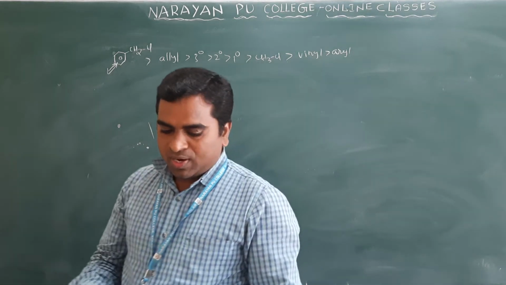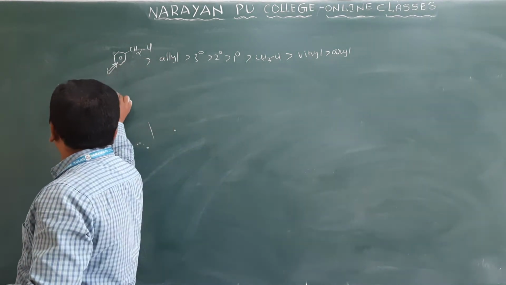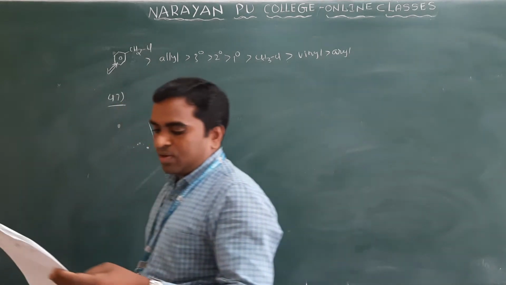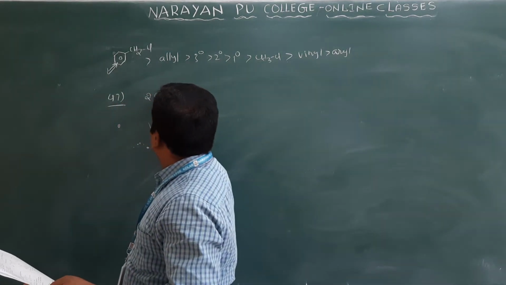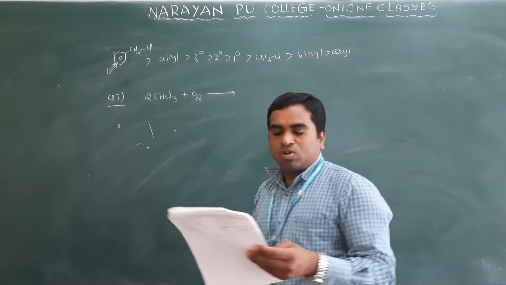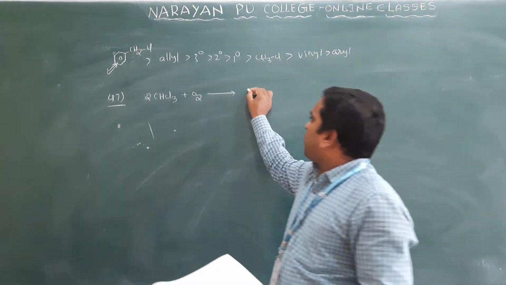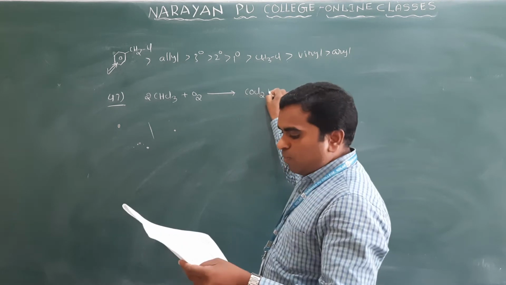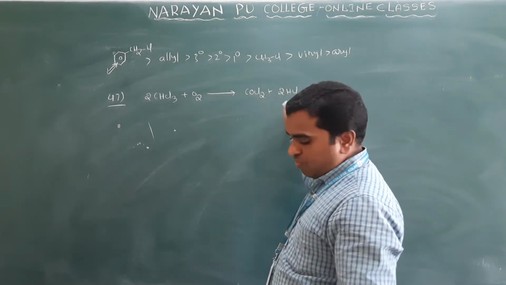Clear? Next one. Question number 47. Here 2 moles of chloroform react with oxygen. This is oxidation of chloroform. You will get phosgene plus 2 moles of HCl.